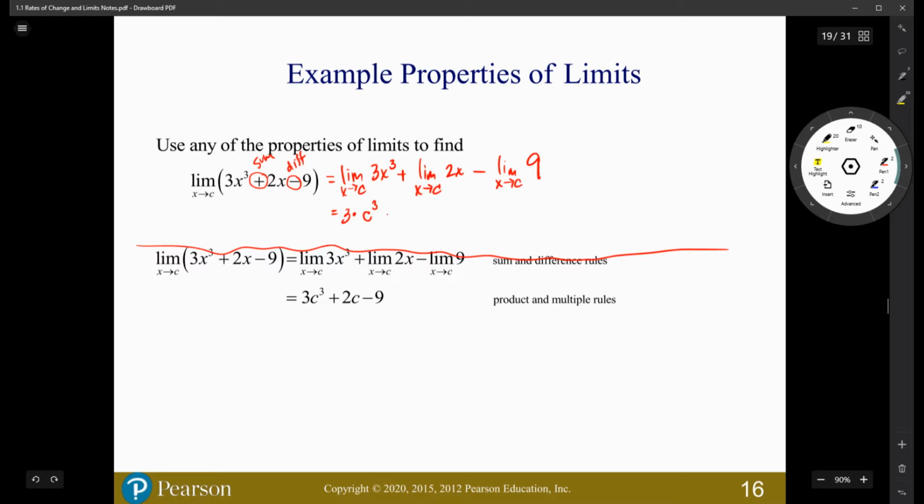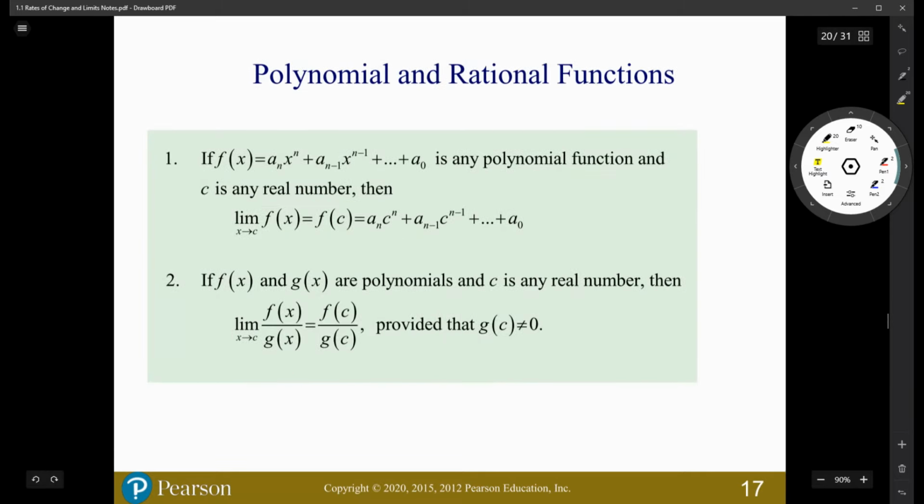So we're going to go 3c cubed plus the limit as x approaches c of 2 times x. 2 is a constant. The limit as x approaches c of x would be c, minus the limit as x approaches c of 9, as we saw on the bottom of the last page, that's just 9. And so this cleaned up is 3c cubed plus 2c minus 9. And it looks a little bit nicer down below, but you can see we got the right answer.